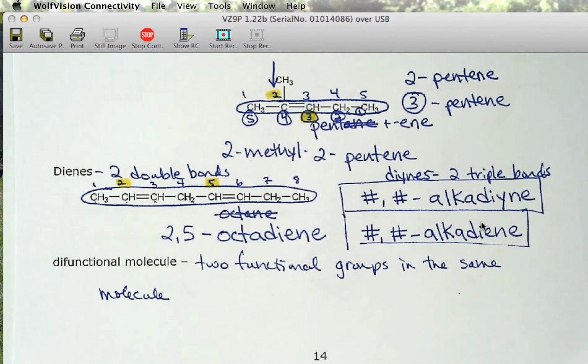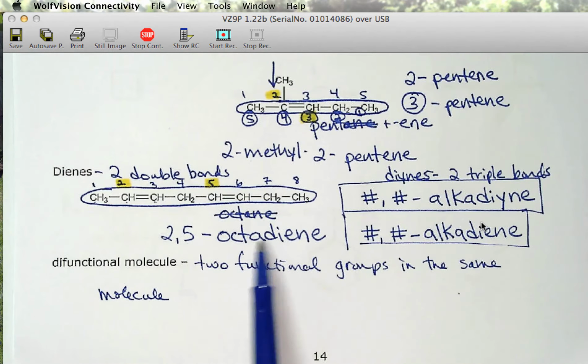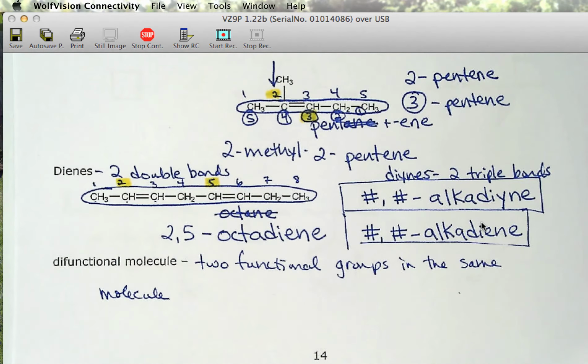A lot of times students get tripped up on why do we just add ene when it's an alkene? You're adding a vowel to the end, whereas with the dienes you're adding a consonant, so that's why we keep the A and we drop the A with the other one.